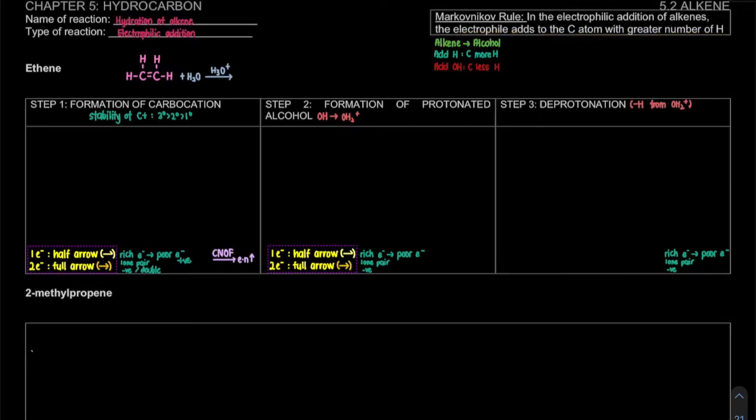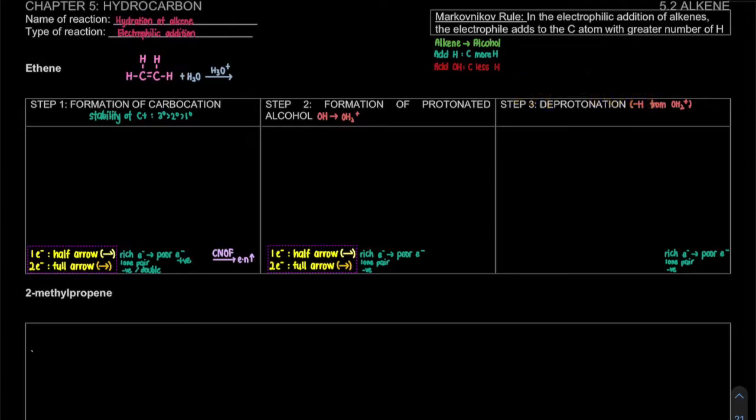Okay, so for the reaction mechanism, our electrophile is actually our hydrogen. Remember, to change from alkene to alcohol, we're going to add H2O, or specifically we're going to add hydrogen and OH.